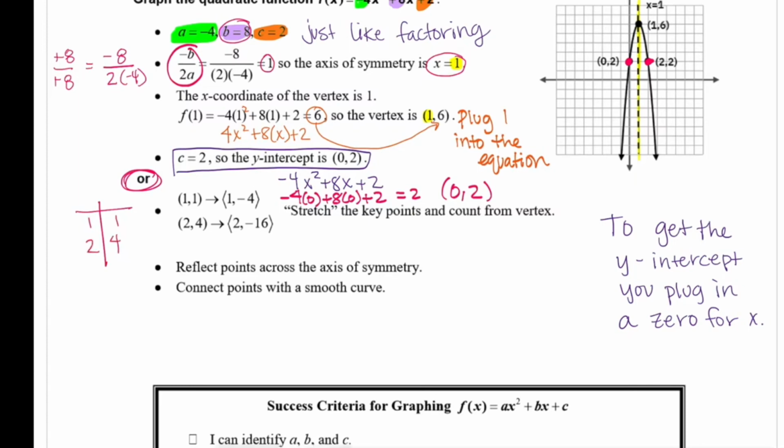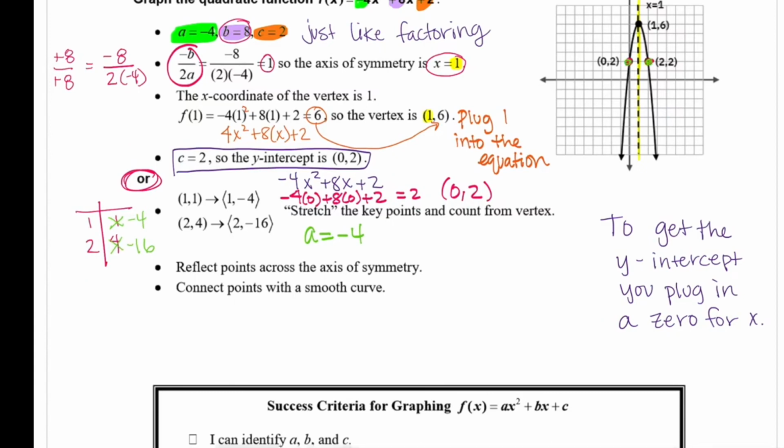Now, our a is the same as the a in our last section, where we multiply the y by the a. So we are going to take 1 times -4 to get -4, and 4 times -4 gives us -16.